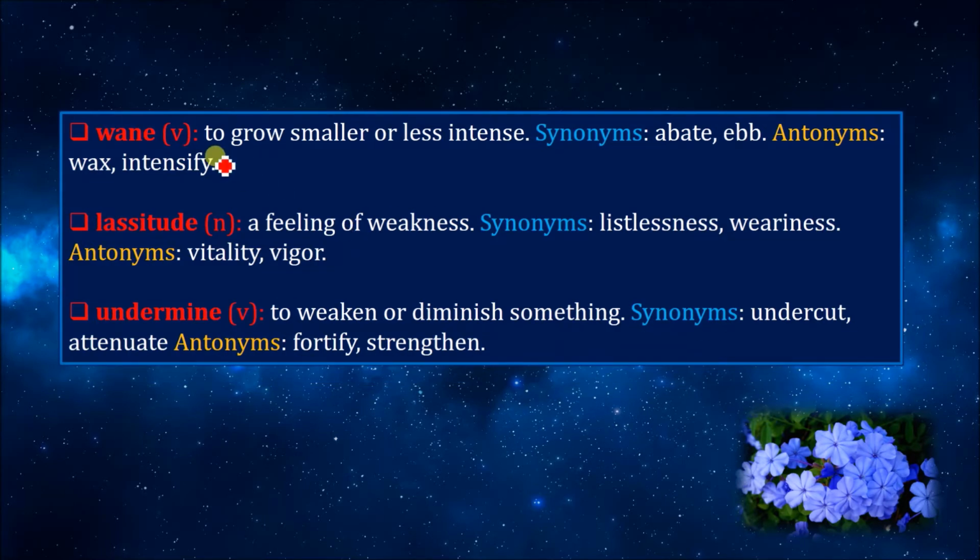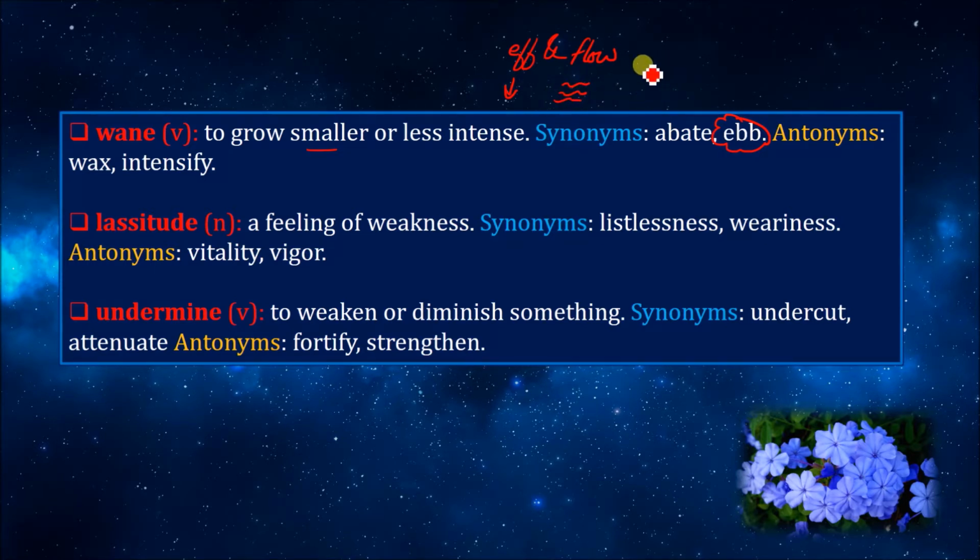All right. So the next words are the following: wane, which we already talked about, waxing and waning. To wane is to grow smaller or less intense. Synonyms: abate, ebb. This word ebb is often used with flow, ebb and flow. Ebb means to decrease in size. Flow is to flow like this.